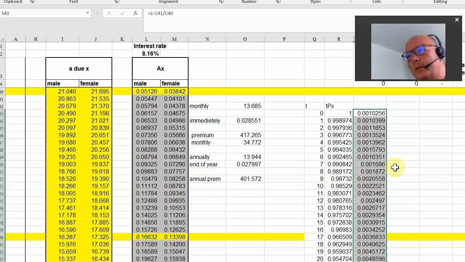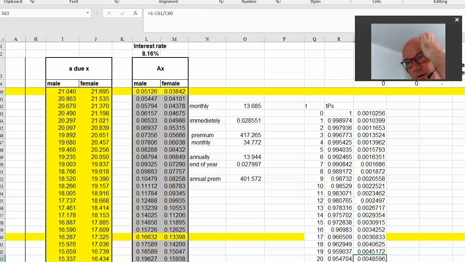So the probability of death is about 1 in 1,000 when you're age 35, and it goes up to about 1 in 200 when you reach age 55. Okay, so that is 1qx+t effectively.